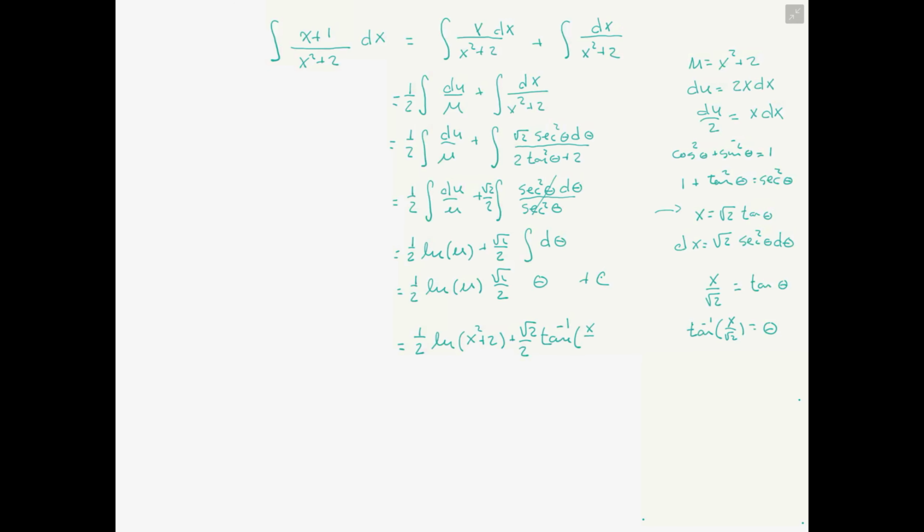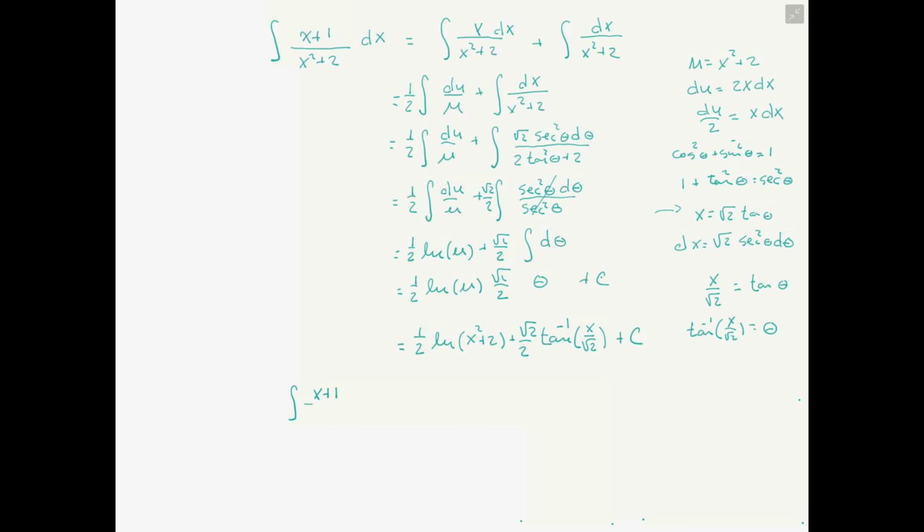So our final solution is, well, it's not final yet, ln u, but u is x squared plus 2 plus square root of 2 on 2 arctan of x on the square root of 2 plus c.